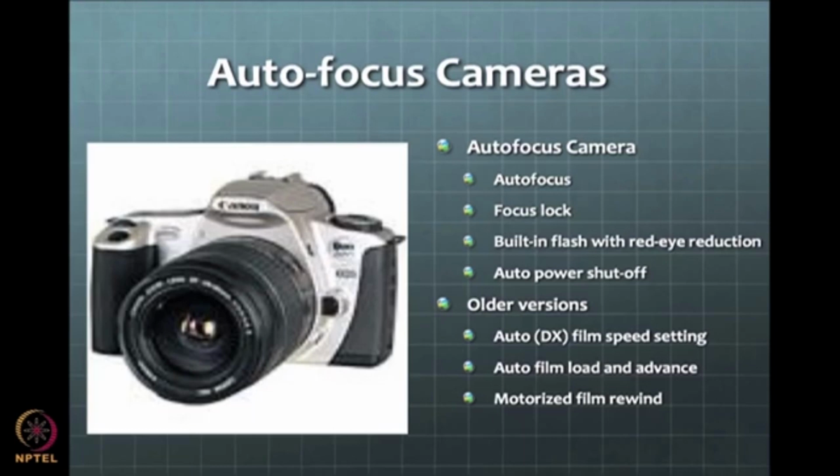So we'll see some sensors of this kind are there especially in modern digital cameras. They'll have this kind of system in place. One can think of another system for autofocusing that can sense the range of the object.